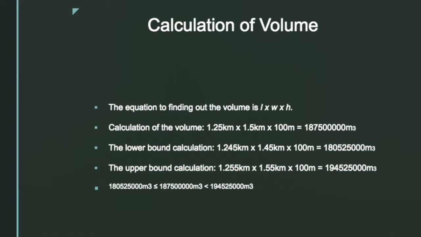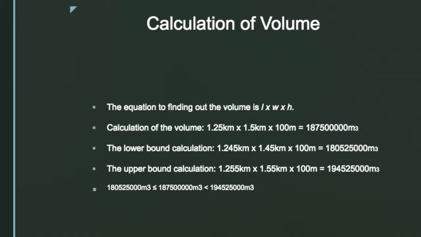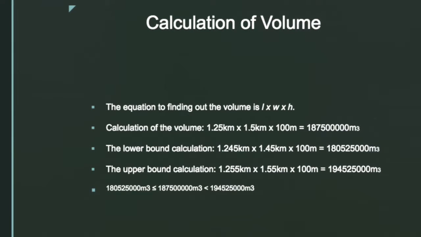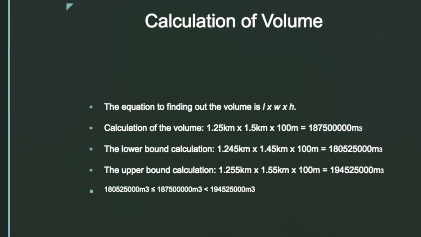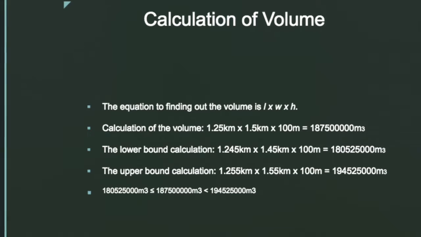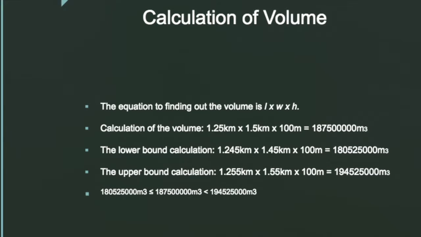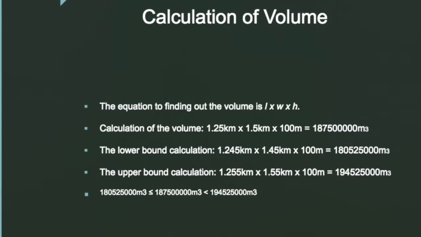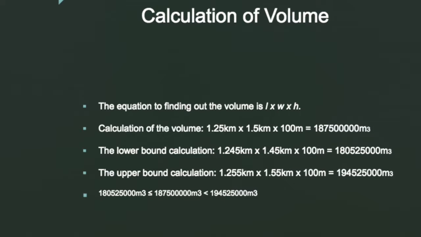The lower bound calculation would be 1.245 kilometers times 1.45 kilometers times 100 meters, which would give us 180,525,000 meters cubed. The upper bound calculation would be 1.255 kilometers times 1.55 kilometers times 100 meters, which would give us 194,525,000 meters cubed. Then this is how we'd present the data.